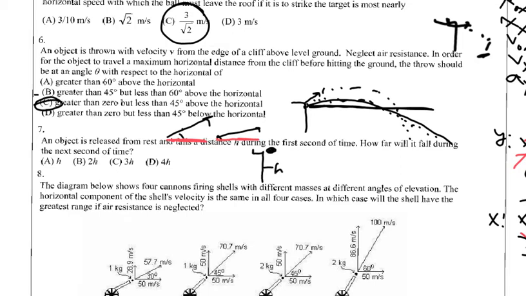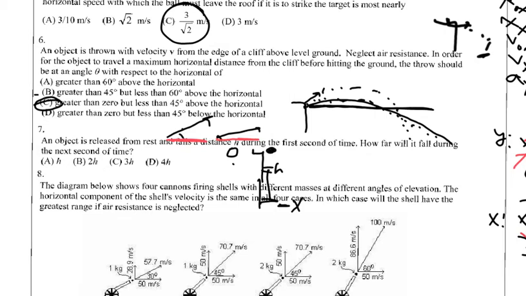Instead of labeling the ground 0, I'm going to say that our initial position is 0, after 1 second we've fallen to negative h, and after 2 seconds we've fallen to some distance negative x. If I can find what that negative x is, I can subtract it from h to find how far it fell during the second second. This is 0 seconds, 1 second, and 2 seconds. We're looking for this distance right here.